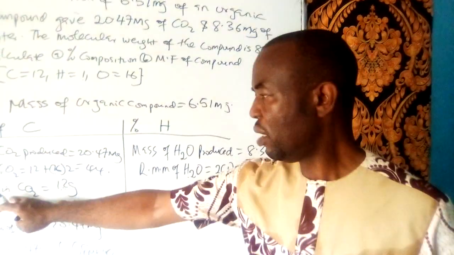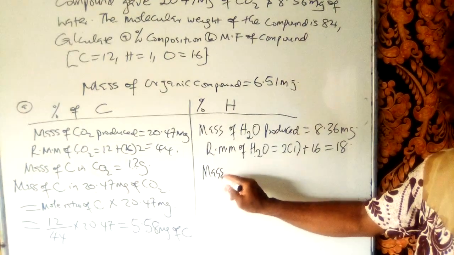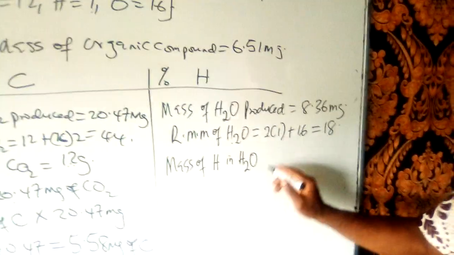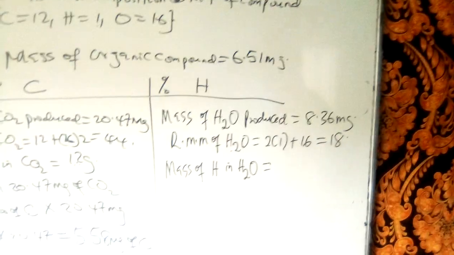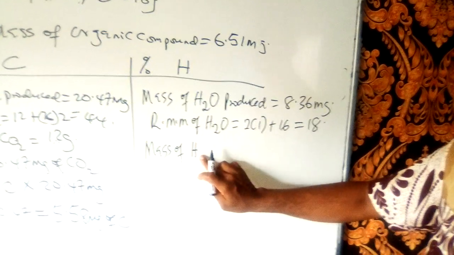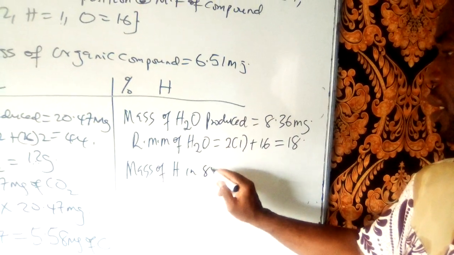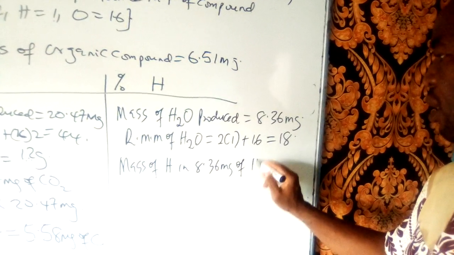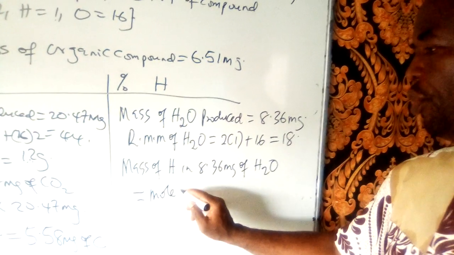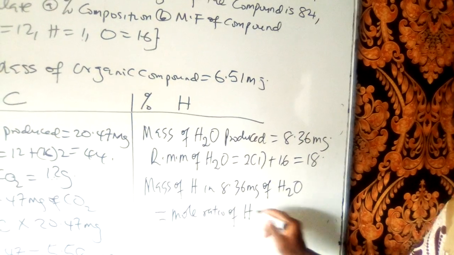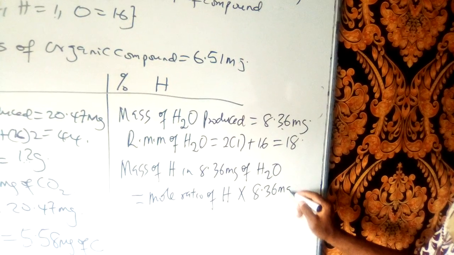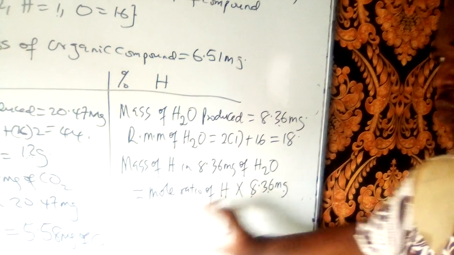Now the same thing we did here, we find the mass of hydrogen in 1 molecule of water. That is going to give us the mass of hydrogen in 8.36 milligram of water. So the mass of hydrogen in the water produced will be the mole ratio of hydrogen times the mass of water produced, which is 8.36 milligram. The same format we applied for carbon.